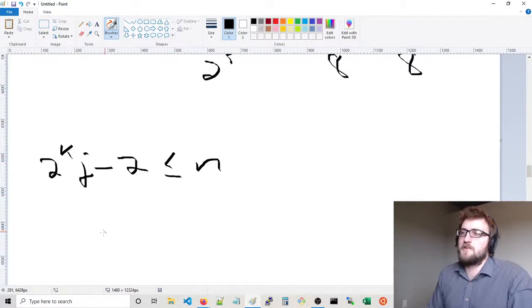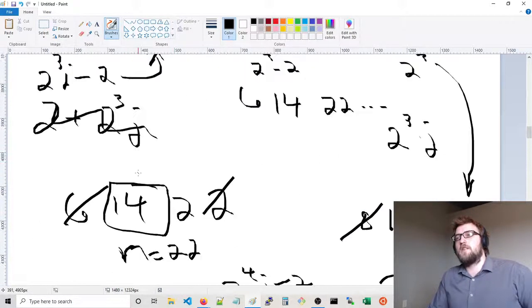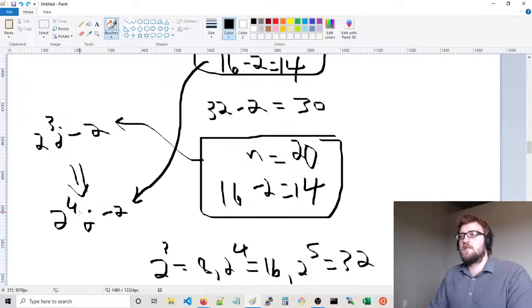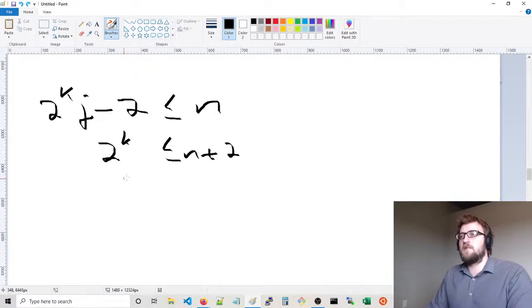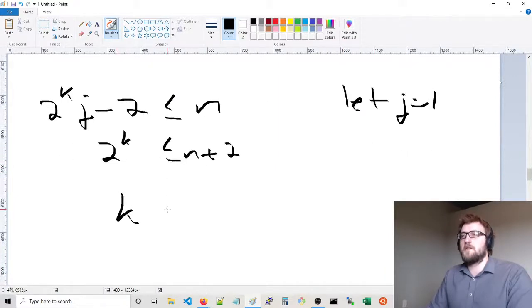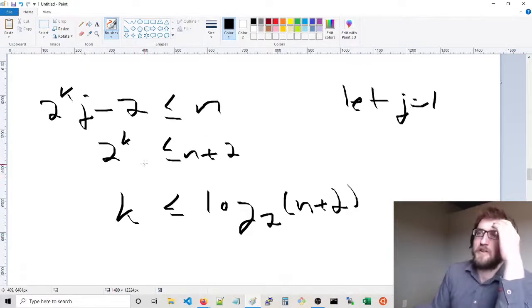So we want to know what k is, right? So n plus 2, 2 raised to the k. And what we're trying to say is that there's going to be a point where j is just 1, right? That's where we're ending, when j is 1. So we have 14 here because this is 2 to the k. So we let j equal 1. Now we can figure out what k is. So k is less than or equal to log base 2 of n plus 2. Right? I think that makes sense.